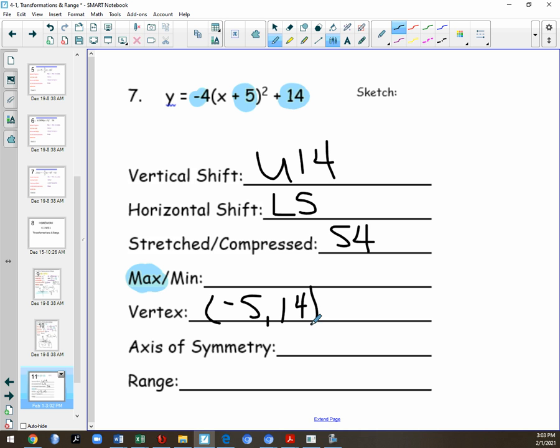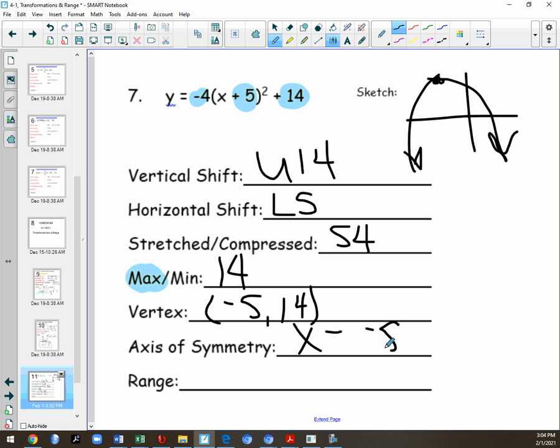If I sketch this, I'm at -5, +14. I am reflected down, which means now I have a maximum at my y value, which is 14. My axis of symmetry is x equals -5, which means now, what is my range?